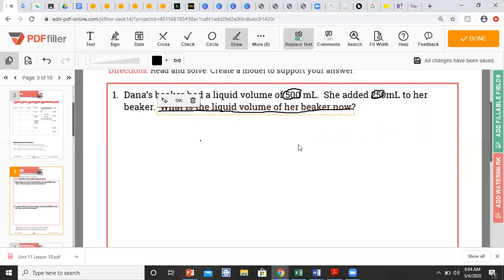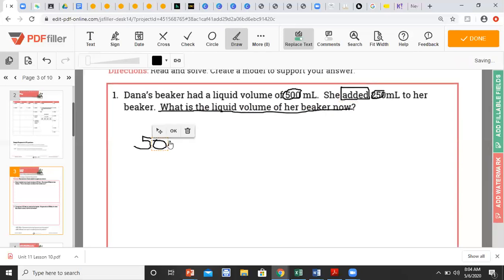I'm also going to put a box around the keyword added, because this gives me an idea of what I need to do. So we know that she starts off with 500 milliliters in her beaker. She added 250 milliliters.